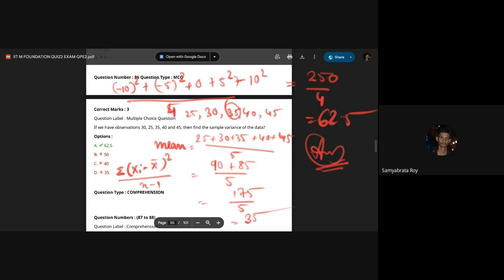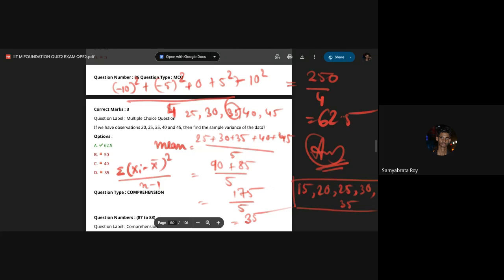Any doubt? Any doubt regarding the formula or the computational method? No, sir. Okay. So if I give you a few observations, can you find it? Let's try. Suppose 15, 20, 25, 30, and 35. Let's find out what is the sample variance.